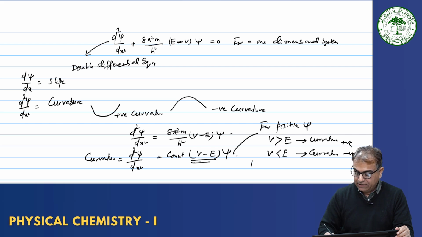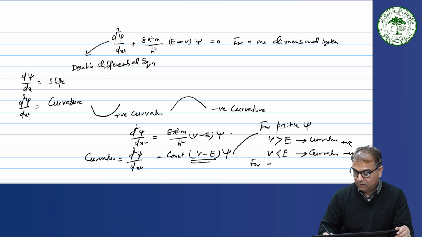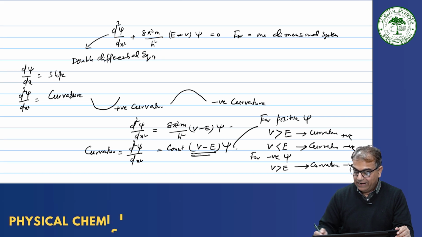For negative psi, if V is greater than E, psi itself is negative and this part becomes positive, so again the curvature becomes negative. And if V is less than E, then the curvature becomes positive.